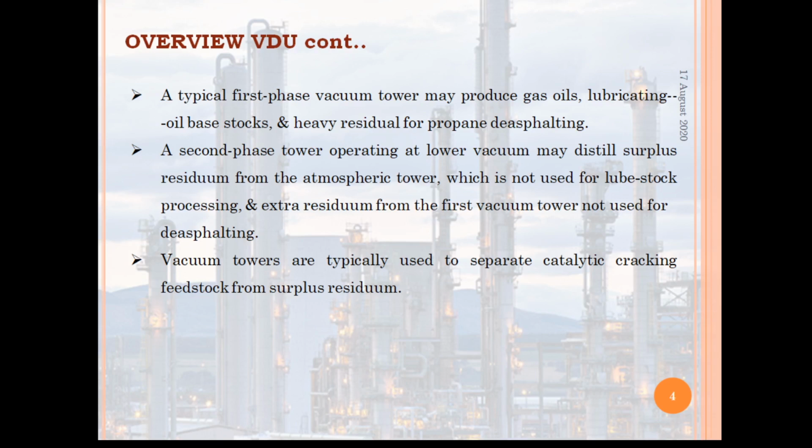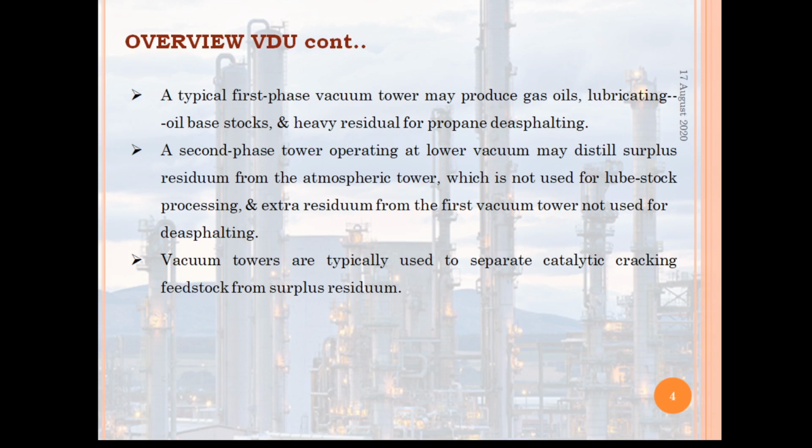So the second phase tower is operating at lower vacuum and is not used for lube stock processing. The extra residuum from the first vacuum tower is specially not used for the deasphalting process.